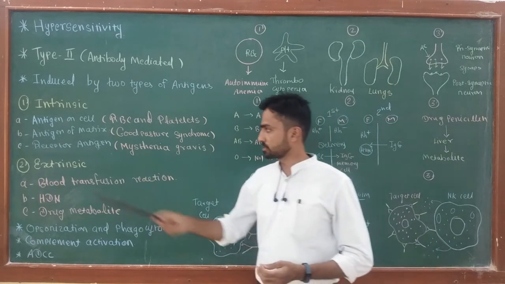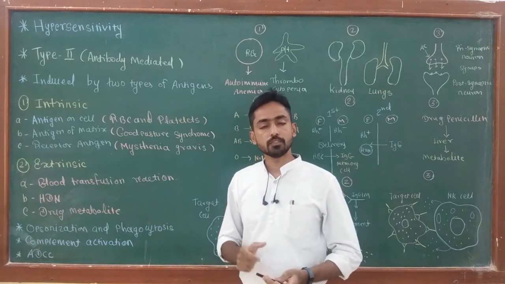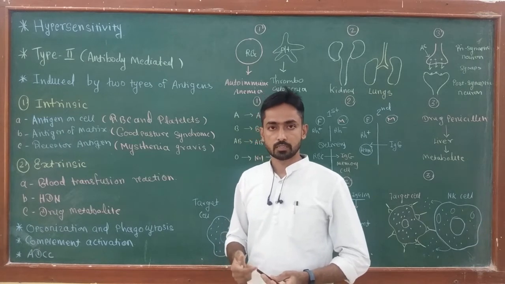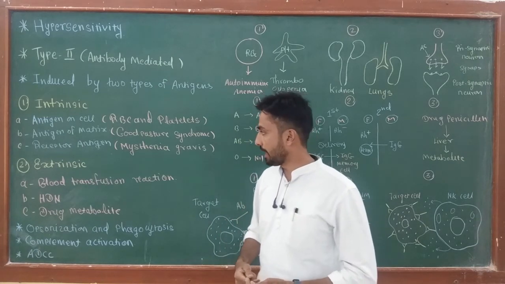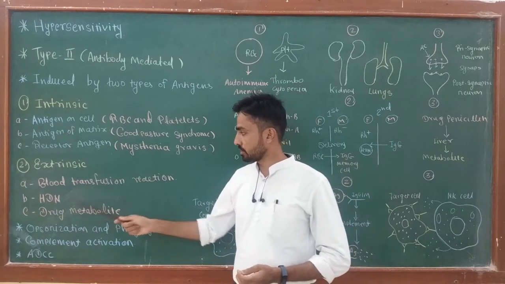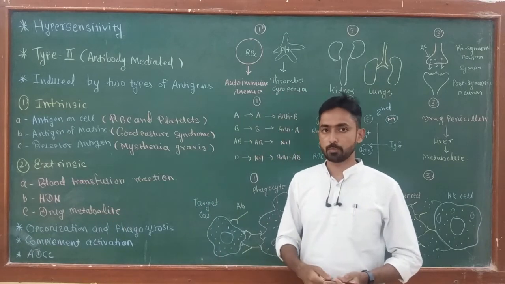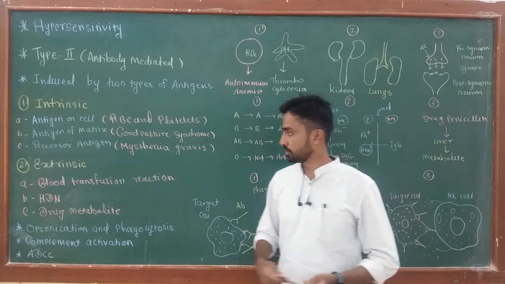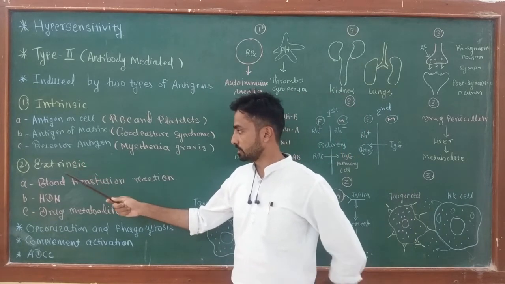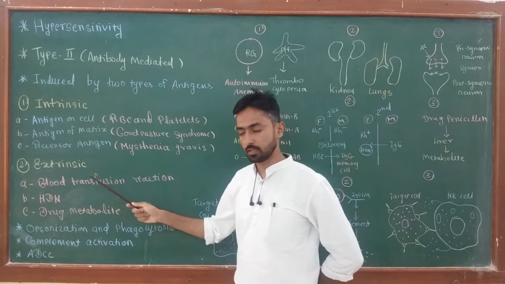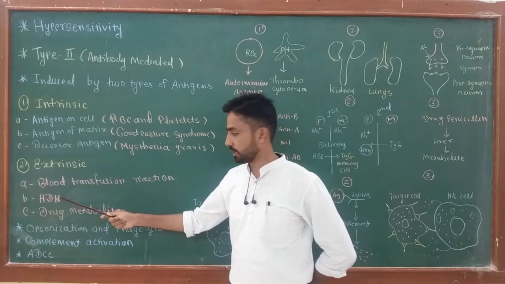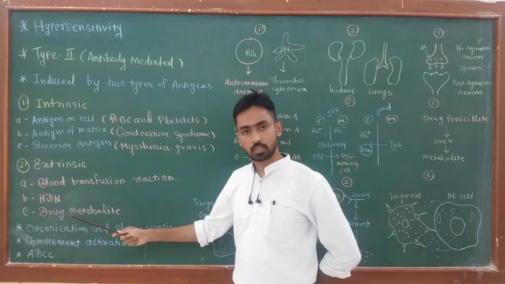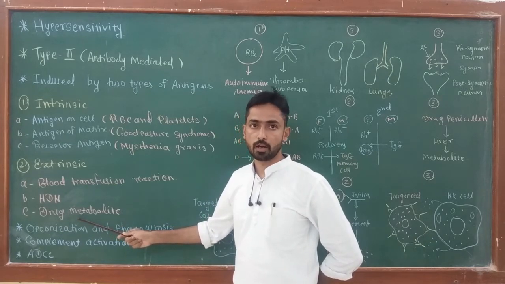Okay, while the extrinsic antigens are non-self antigens which generally enter inside the body from the atmosphere, and there are three important reactions which lead to type 2 hypersensitivity with the help of extrinsic antigen. These are blood transfusion reaction, then hemolytic disease of newborn, HDN, and the reaction which is induced by drug metabolites.